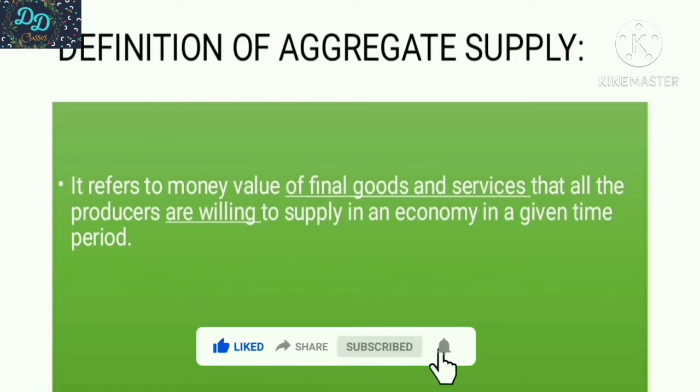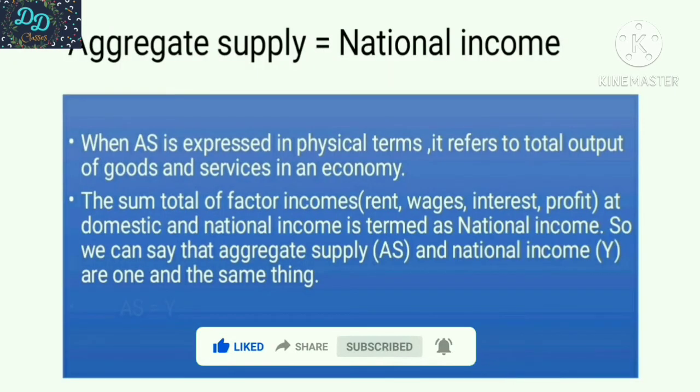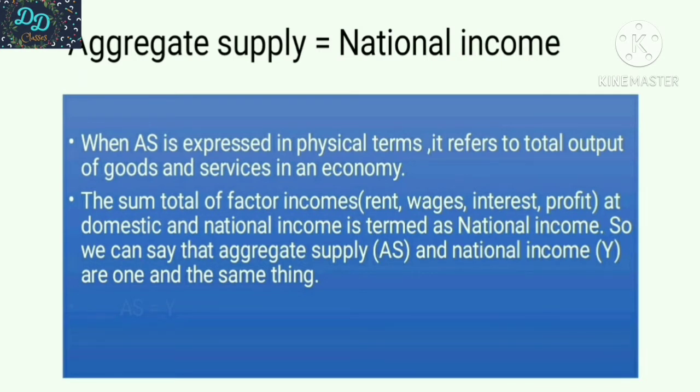So aggregate supply is equal to national income. Why do we say aggregate supply is equal to national income? When AS is expressed in physical terms, it refers to the total output of goods and services in an economy. We know that the value of our total output is distributed to factors of production in the form of rent, wages, interest and profit.